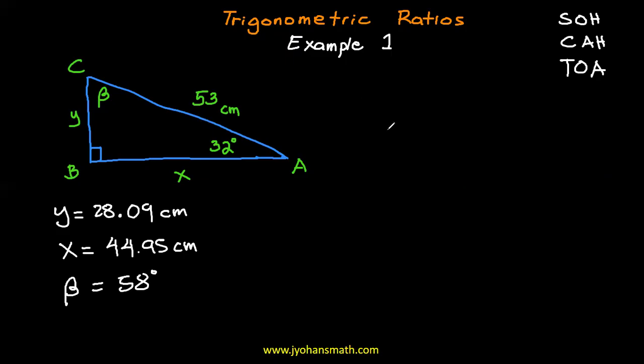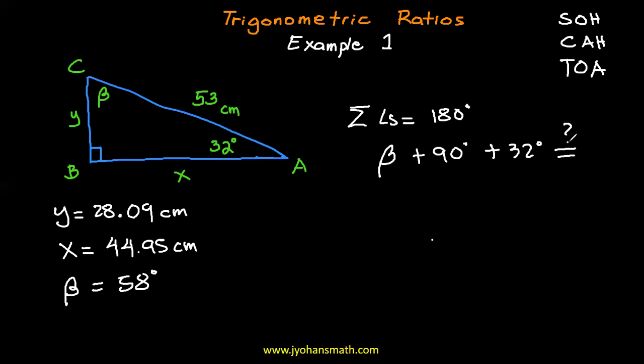Now if we're going to check the value of beta, we can see here that the summation of the interior angles is equal to 180 degrees. So beta plus 90 degrees plus 32 degrees, is it equal to 180 degrees?